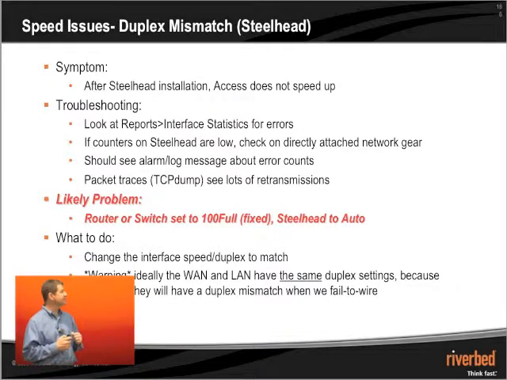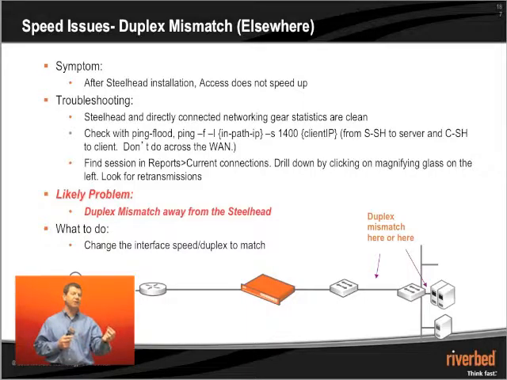We may also have the same problem somewhere else. I've personally run into this where I had a client box that was connected directly to a phone, and that phone was wired at 10.5 or something like that. So we had a speed and duplex mismatch there. It could happen somewhere other than what's directly connected to the steelhead appliance. It could happen anywhere in the data path between the client and the server.